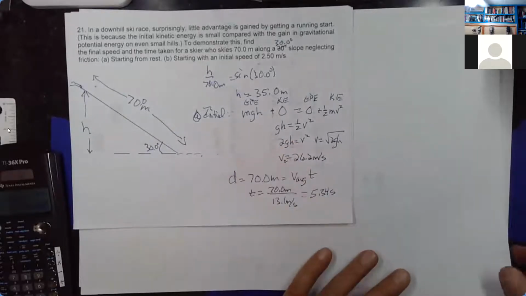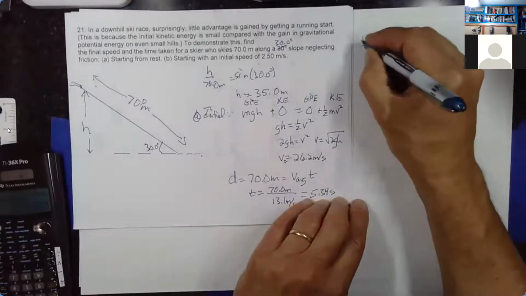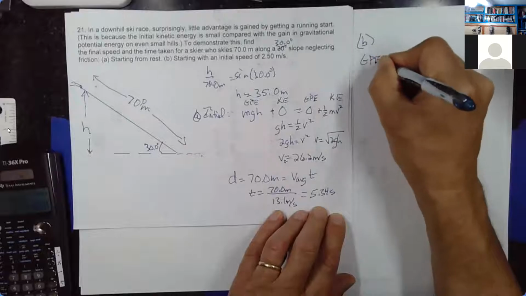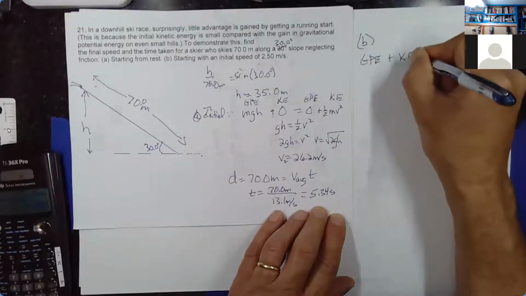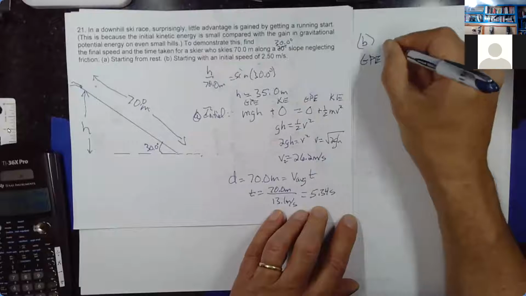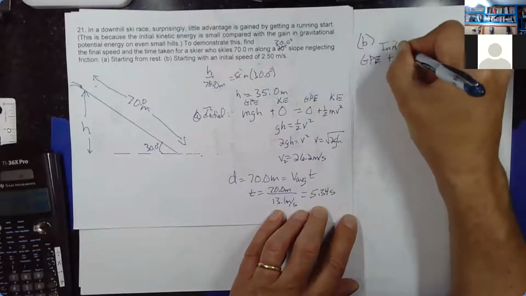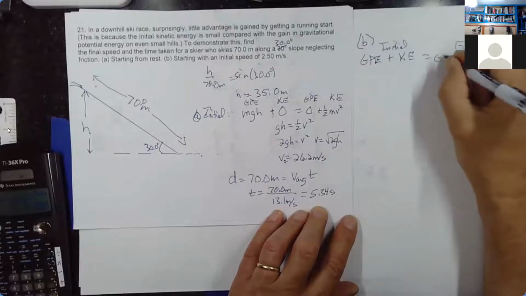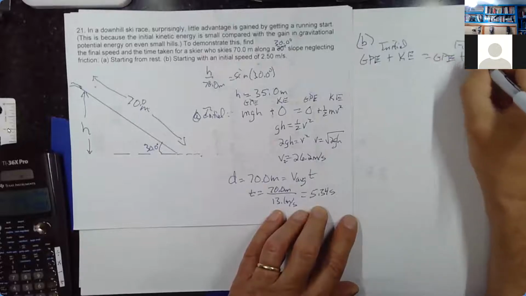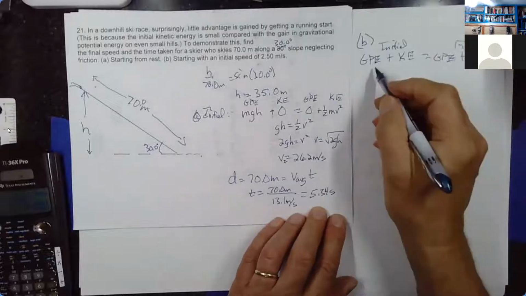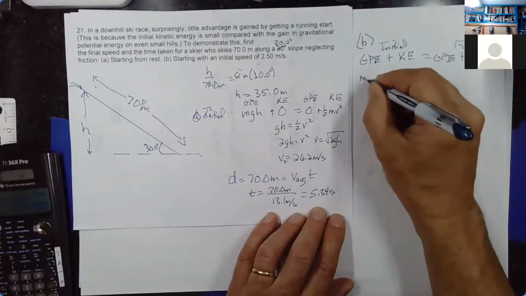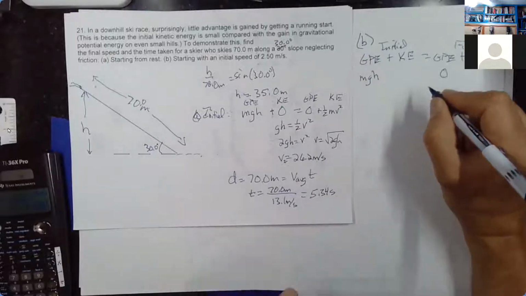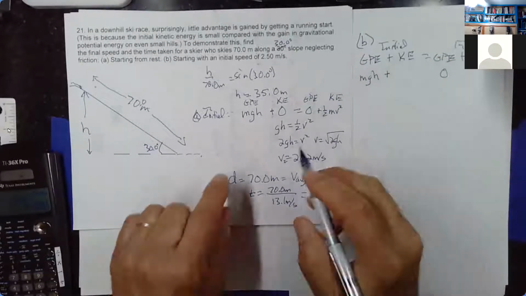So for part B, again, I'll have the gravitational potential energy plus the kinetic energy is going to equal, this is initial, this is final, gravitational potential energy plus kinetic energy. Well, the gravitational potential energy is still mgh at the start, and it's still 0 at the end. But in this case, I've got some initial kinetic energy.